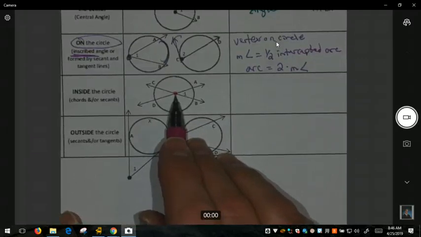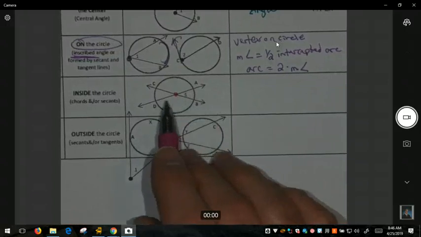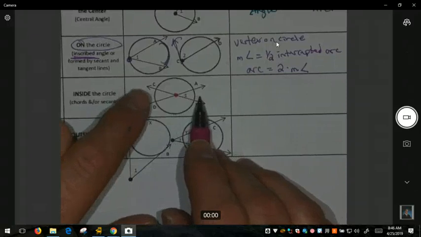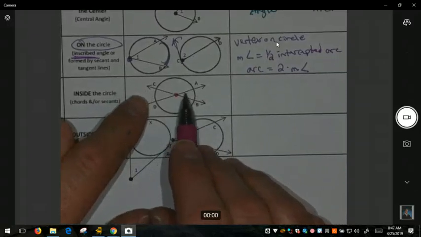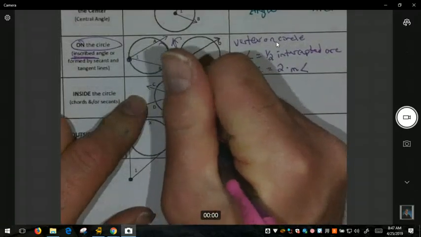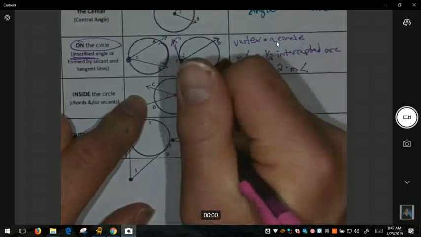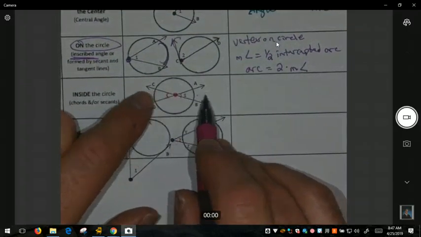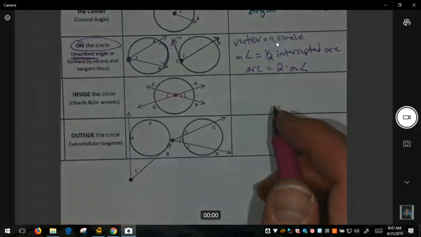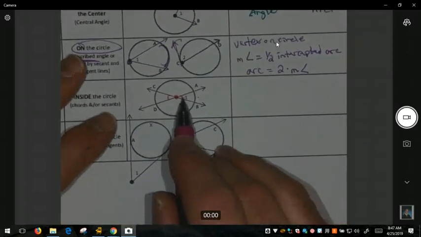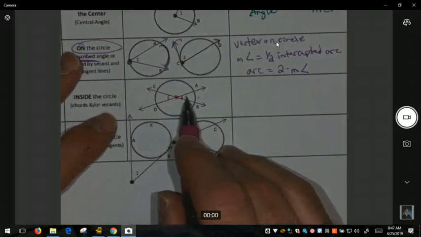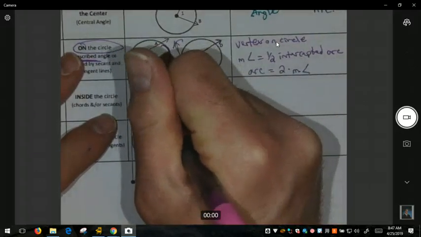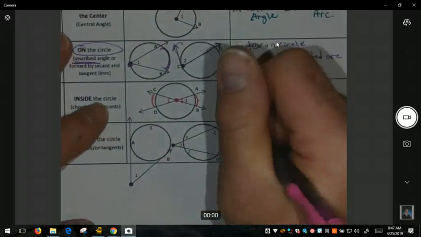Instead, this angle right here is equal to the average of these arcs. These angles are still congruent because they're vertical. But the arcs don't match their angle that is inside the circle unless it's at the center. This angle matches the average of its arc and its vertical angle's arc.